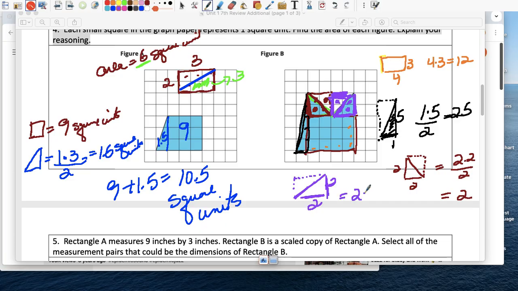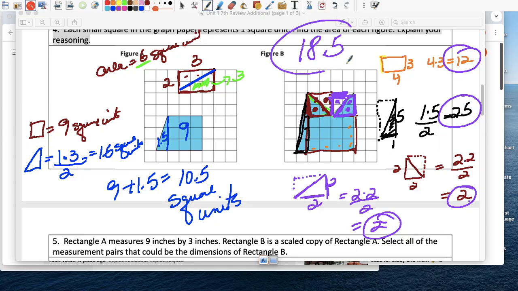So it's 2 times 2 for the area of the square, but we only want half of it. Divide by 2 again, you get 2. What I do now, I have to take this guy, this guy, this guy, this guy, and add them all up. So 2 plus 2 is 4, plus 2.5 is 6.5. 6.5 plus 12, total area 18.